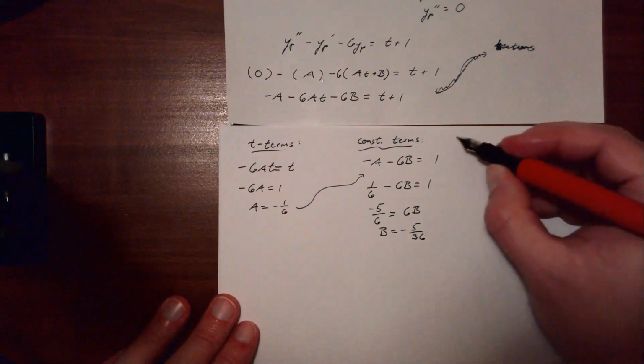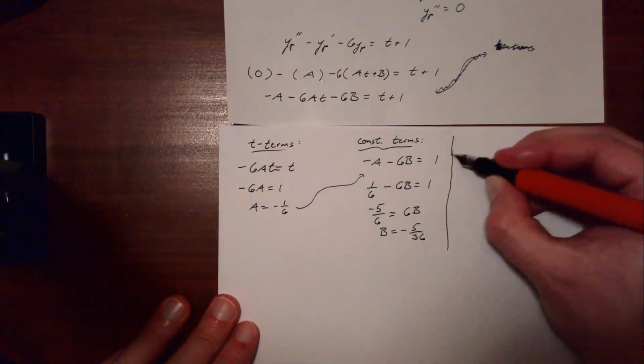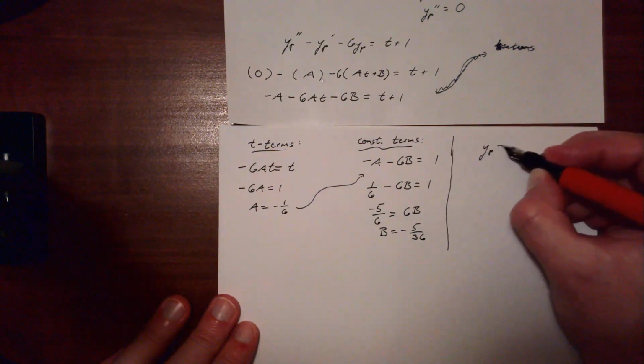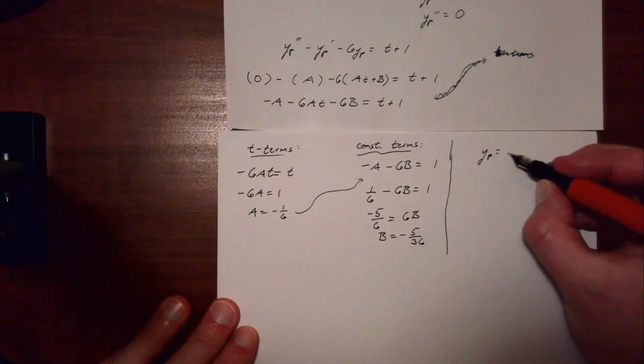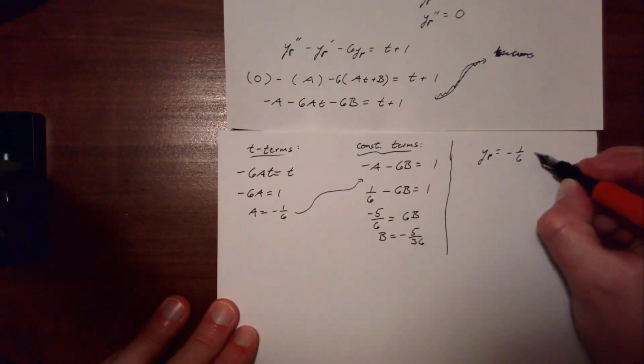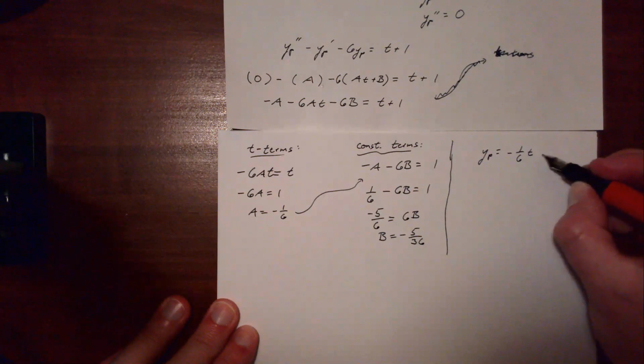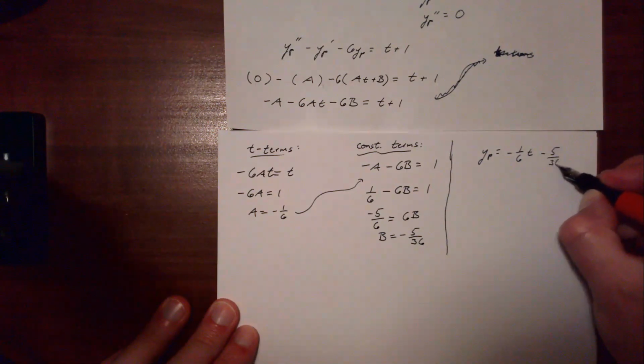And then that gives me, finally, my yp, which is going to equal negative 1/6 t minus 5/36.